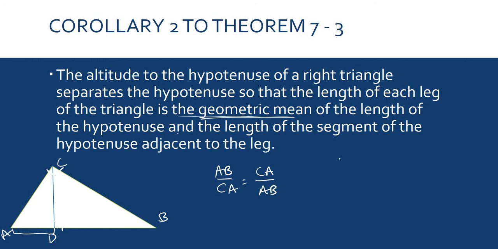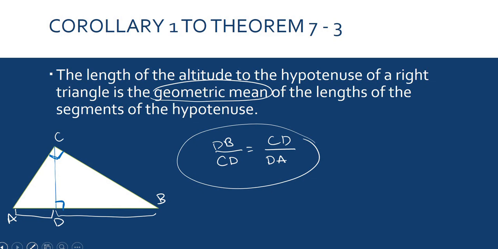We have another one here because if I take the other leg, CB, it's the geometric mean of the length of the entire hypotenuse, AB, and the segment closest to CB, DB. So I get two geometric means using the segments of the hypotenuse in proportion to the whole hypotenuse. I get one geometric mean using the altitude and the two segments of the hypotenuse.